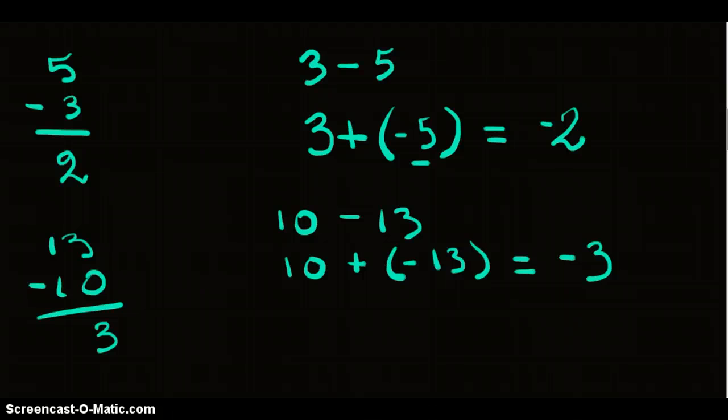Now I want to give you a couple of other rules for doing some problems. And let's clear the decks here. The first rule is, we've already talked about, if the signs are the same, just add.